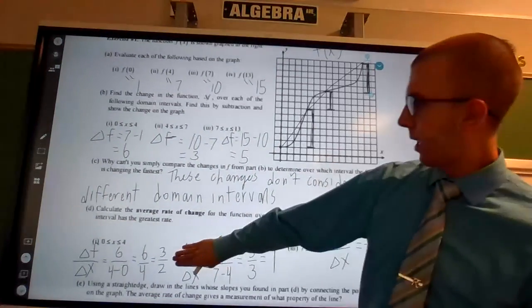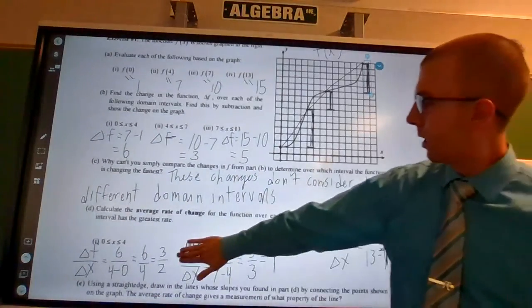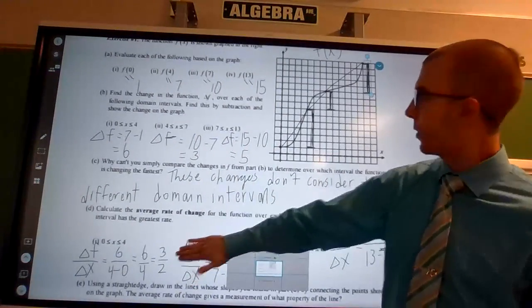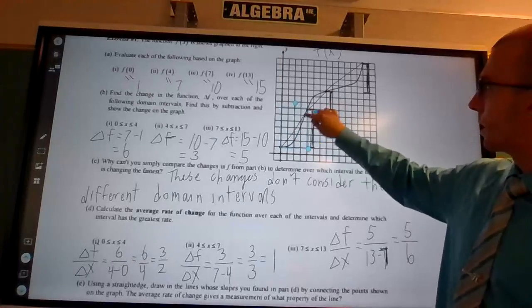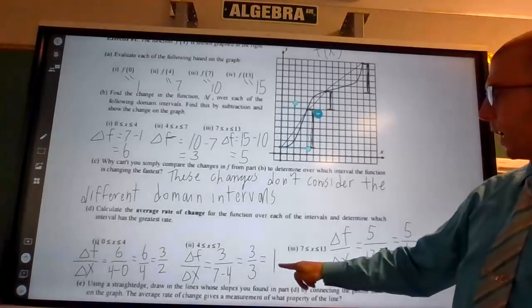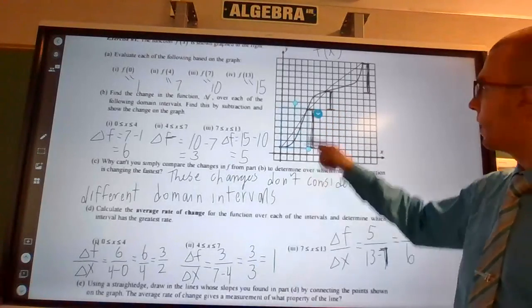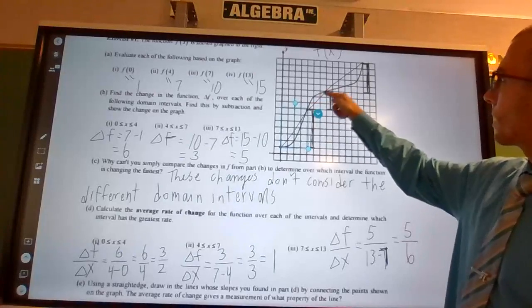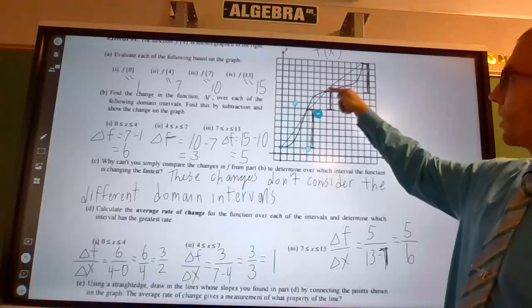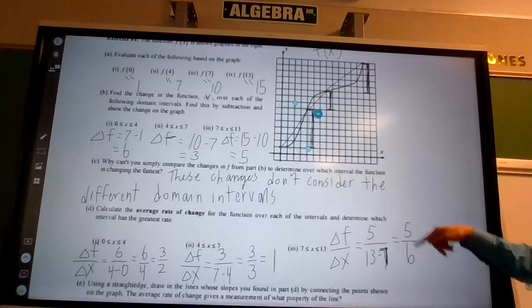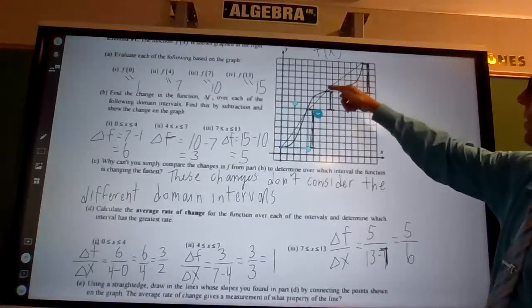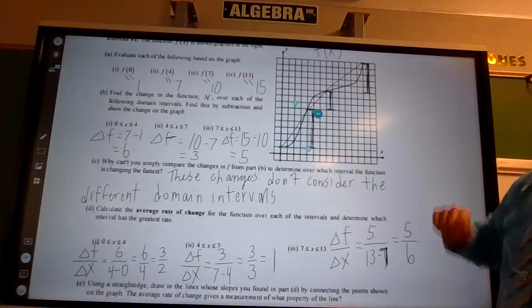So this 3 over 2, that average rate of change, is represented by this line here. This 3 over 3, or this average rate of change of 1, is represented by that middle line. And this last rate of change, 5 over 6, is represented by this line here. That is the slope for that line.